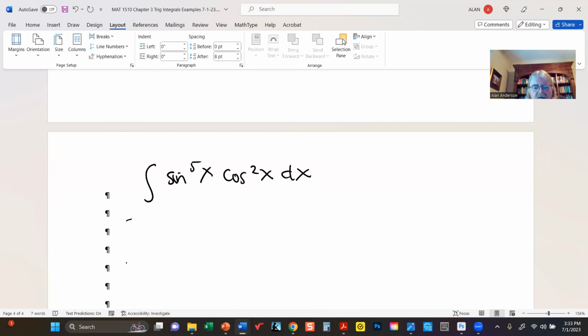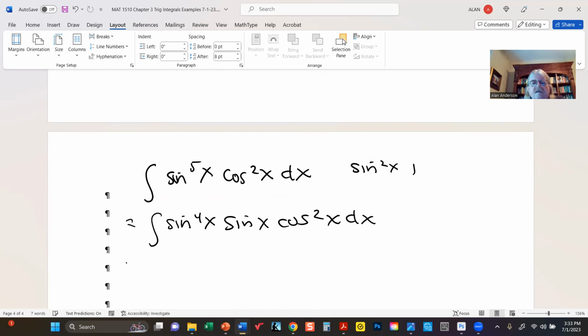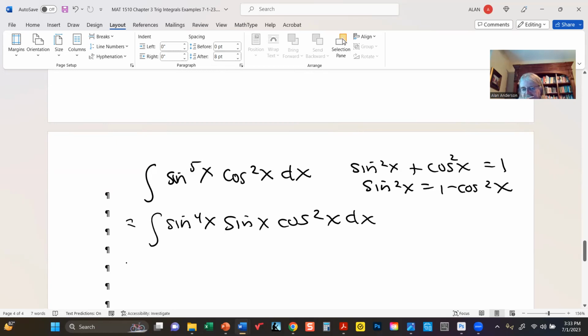Let's try something like this. Okay, so remember that by the Pythagorean identity, sine squared x equals 1 minus cosine squared x. So here's something we should consider. What if we could do this?